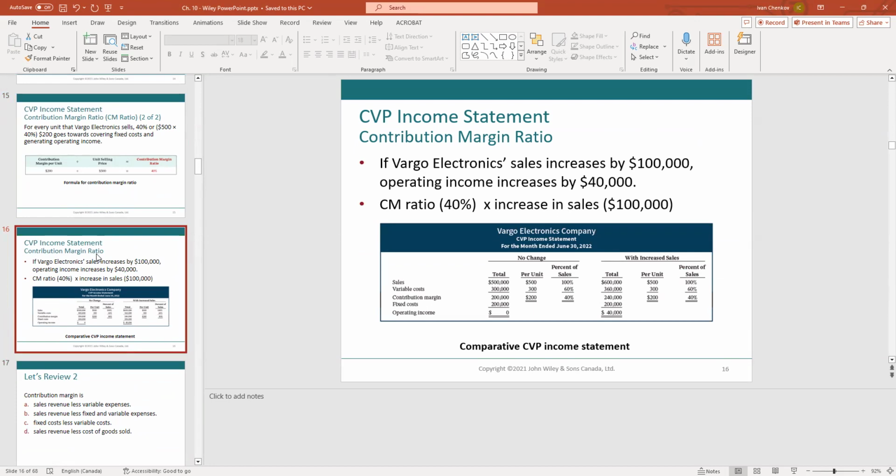The other thing we can do with the ratio is explain that for every dollar of sales, as we already said, we're going to get 40 cents. 40 cents is going to flow to our income.